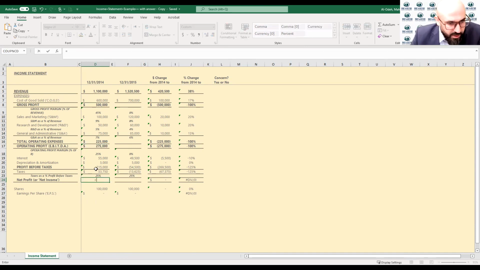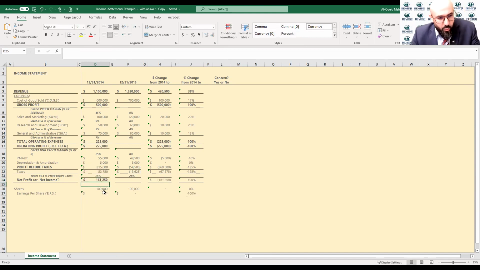Actually, the best way is to use this number, 215 minus the taxes that you paid. That will give you 161,250.